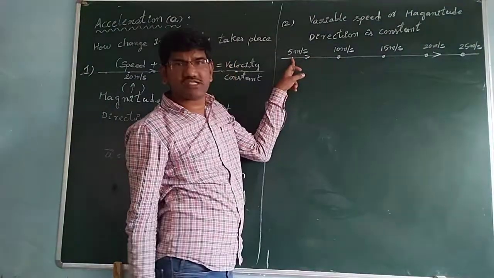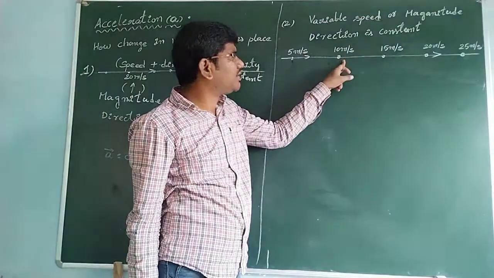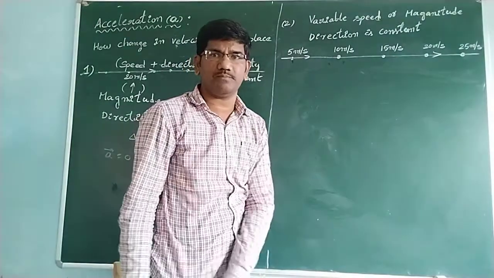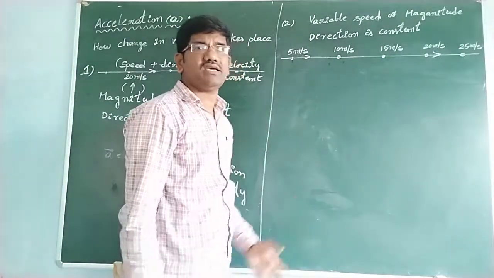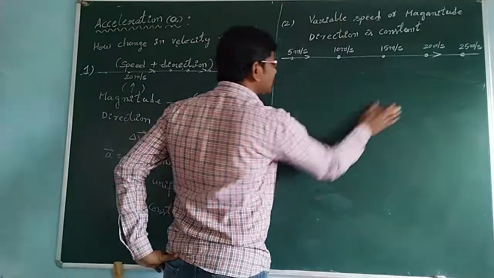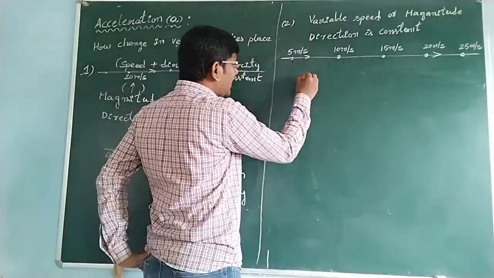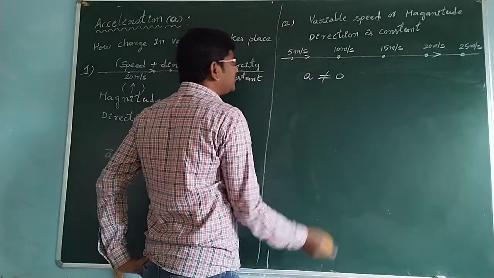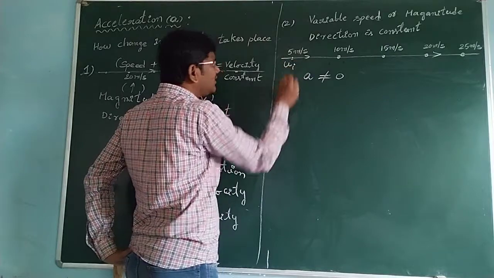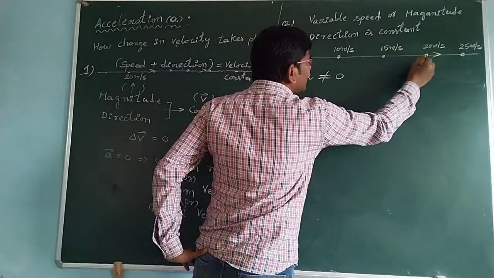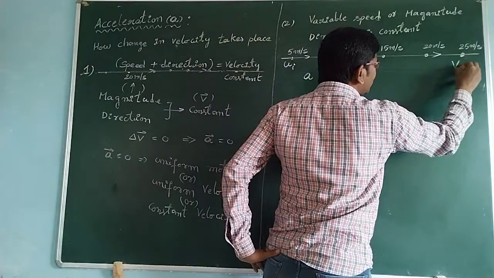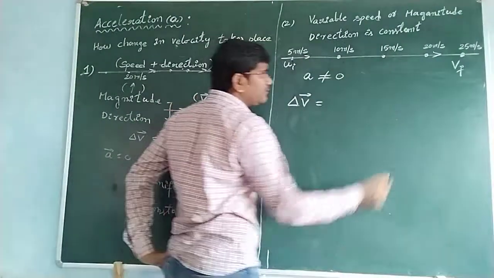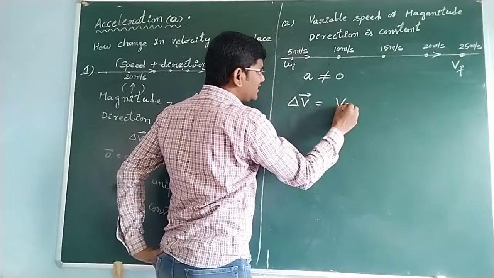Here velocity means 5 meters per second along east. Here also velocity means 10 meters per second along east. So you will have a change in velocity in this situation. Whenever we have a change in velocity, there is an acceleration. Because the initial velocity vi is 5 meters per second, and if you take this as the final velocity vf, then the change in velocity delta v is equal to final velocity minus initial velocity.